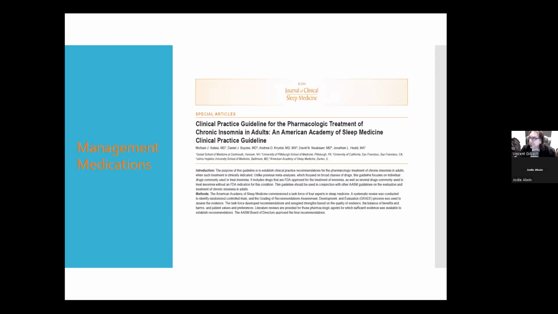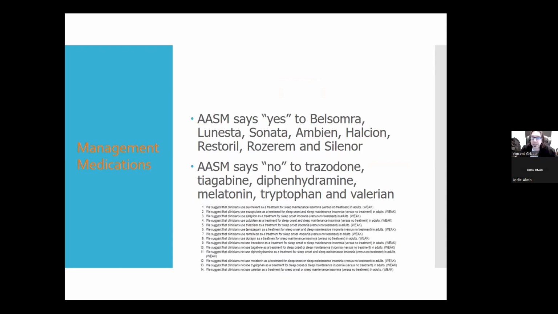This is interesting. This came out in 2017, and if you haven't seen it, you should look for it. It's from the Journal of Clinical Sleep Medicine, and it was a clinical practice guideline. It's a huge article. It's 74 pages long, and the last 30 or so pages are all appendices. What it basically did is go through and systematically evaluate all of the common medications, which are either FDA or non-FDA approved but used for sleep, and looked at all the evidence-based medicine for them.